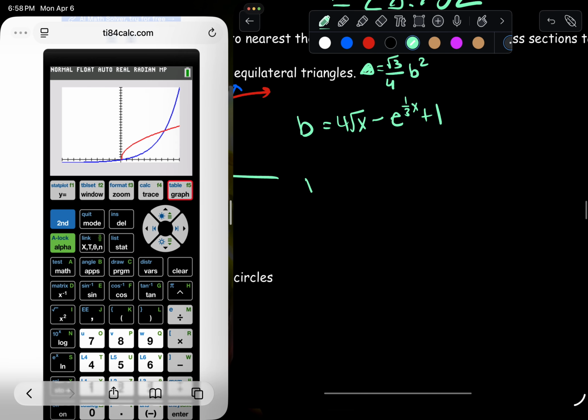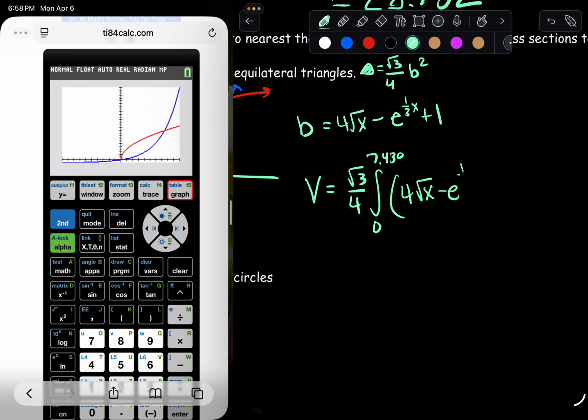So the volume is root 3 over 4, for equilateral triangles, from 0 to 7.430, of the base, 4 square root of x minus e to the 1/3 x plus 1, all squared, integrating with respect to x.